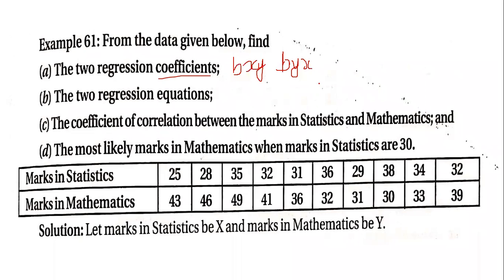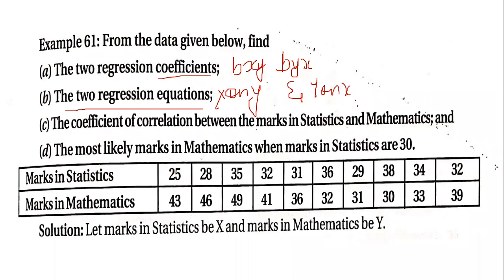Don't get confused. Next, we also have to find the regression equations. The regression equations are x on y and y on x. Both the equations we have to find.